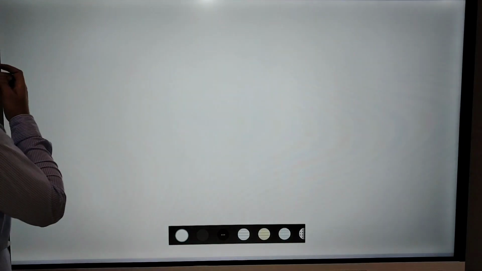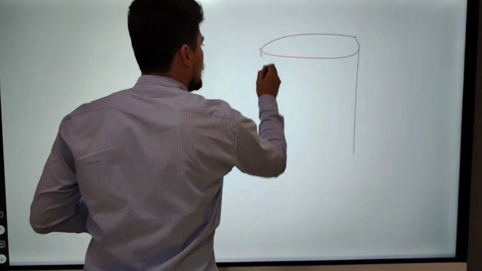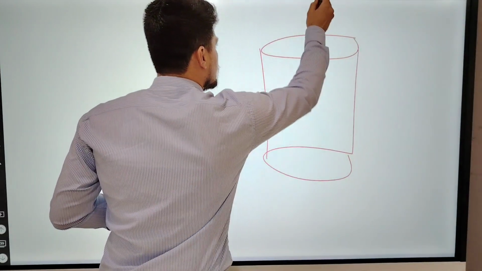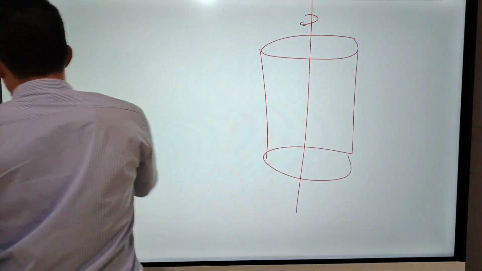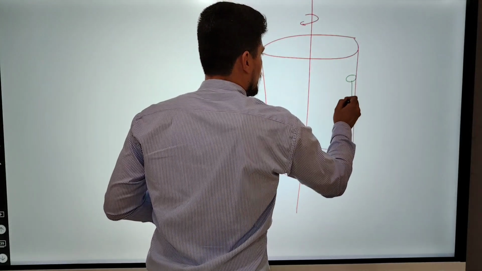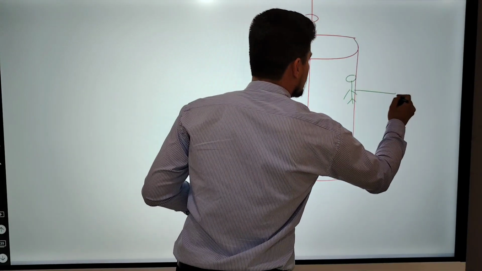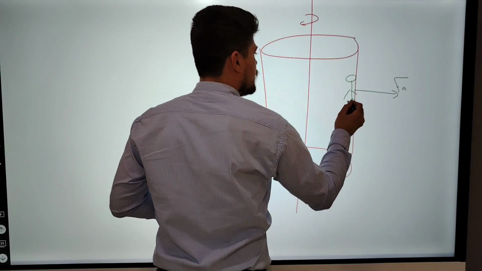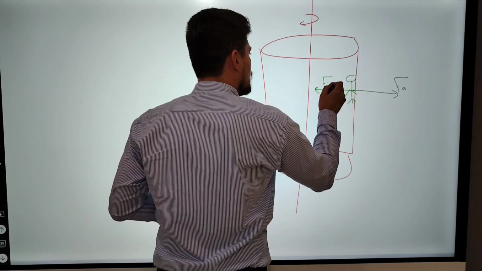Look, for example, this is the cylinder, spinning around this axis. Okay? So when the cylinder starts rotating, because of inertia, the object pushes outward. This is the action force, and this force becomes what?